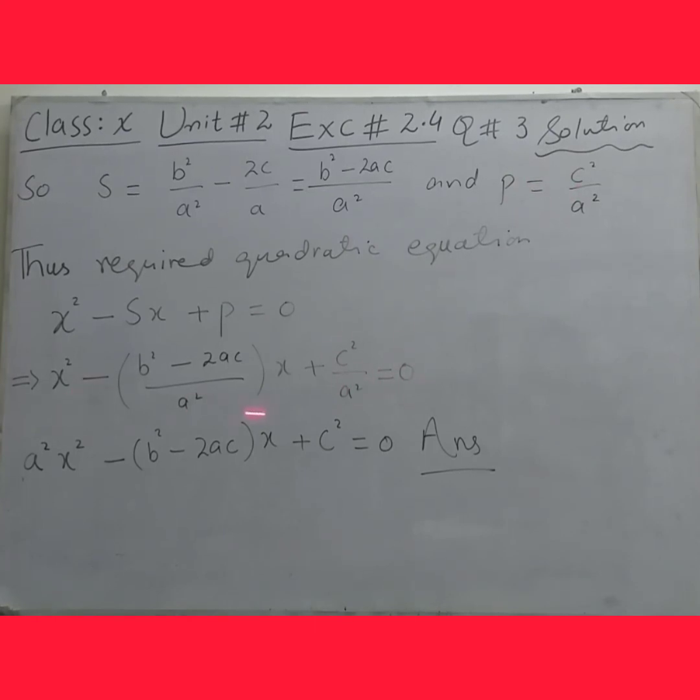Now multiplying both sides by a square, we have a square x square minus (b square minus 2ac)x plus c square equal to 0, which is the required answer for this question.